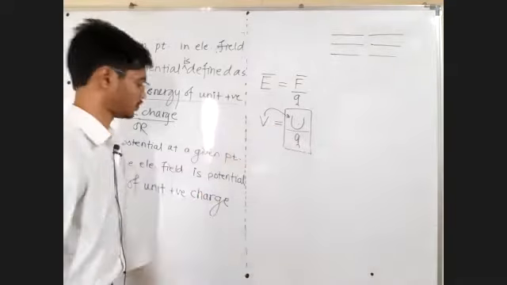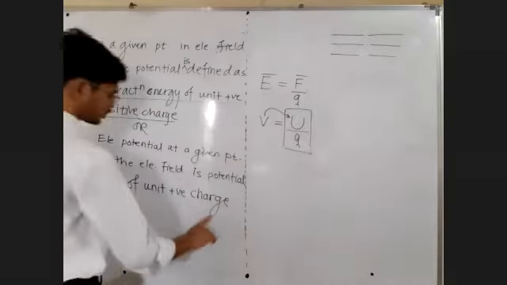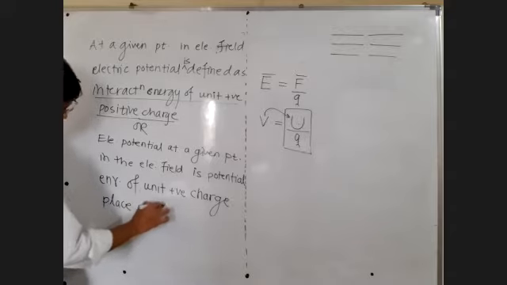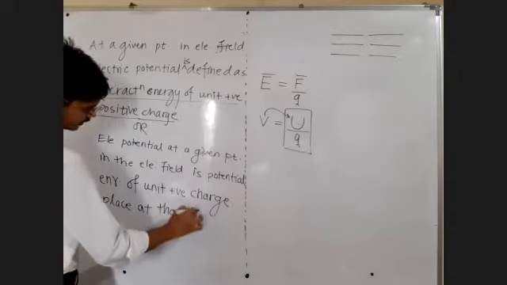Again, U upon Q. Potential energy of unit positive charge placed at that point, or simply if placed at that point. Okay, sir.